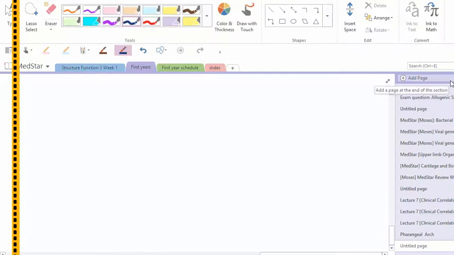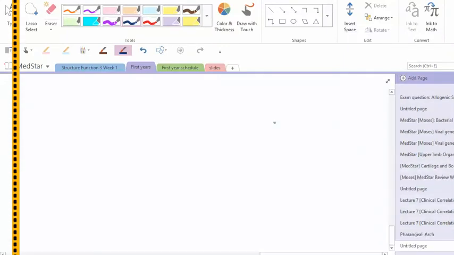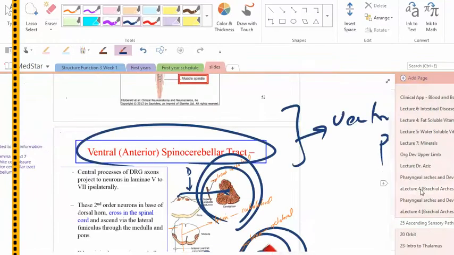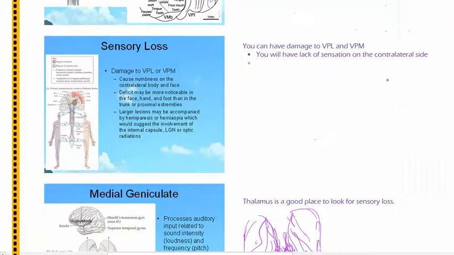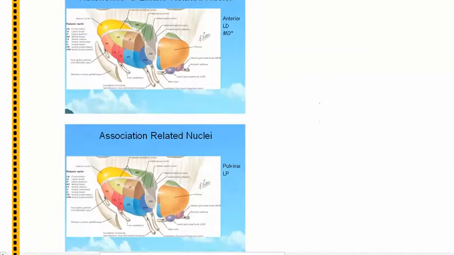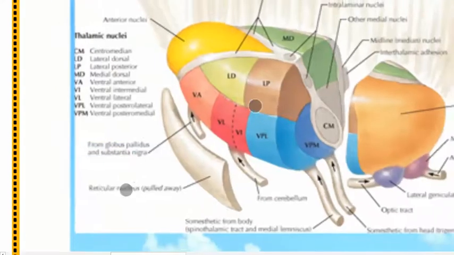But when you look at the slide, let me show you what I'm talking about. I just don't know if I took the wrong notes, so I just want to be sure. Well, here it says, these are notes from last year, and it says reticular nucleus is part of the thalamus.